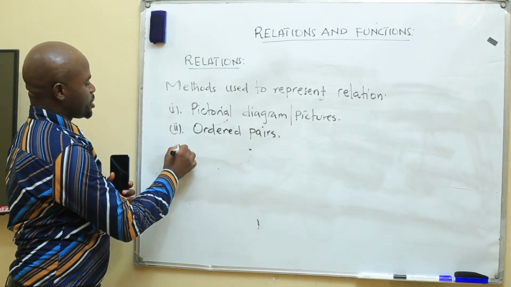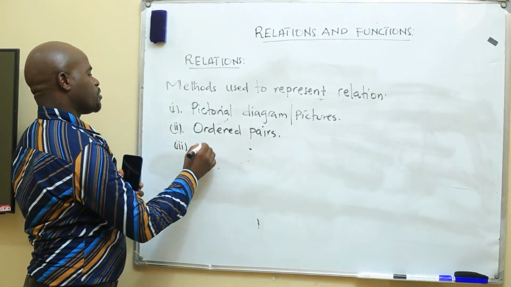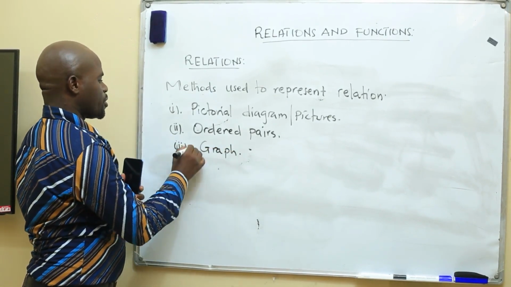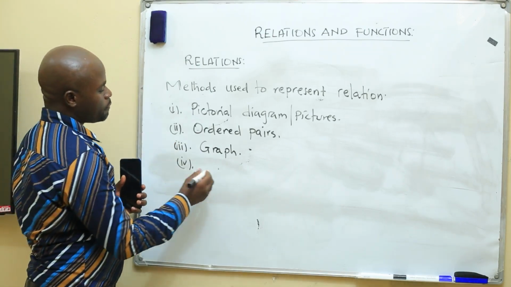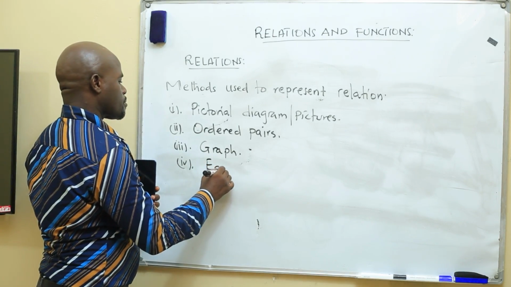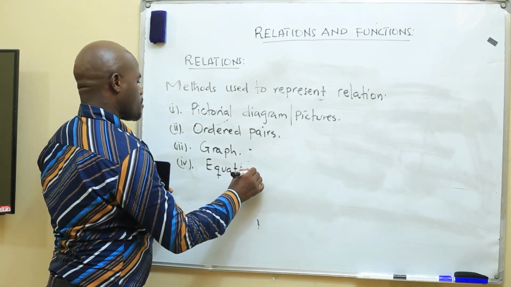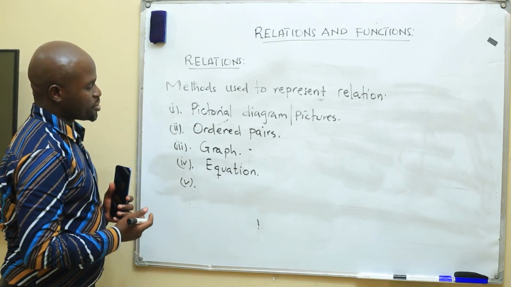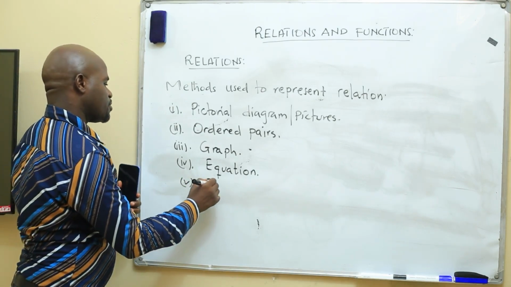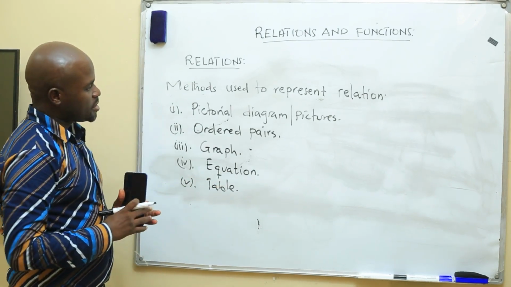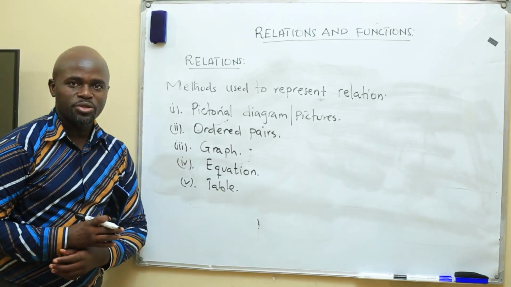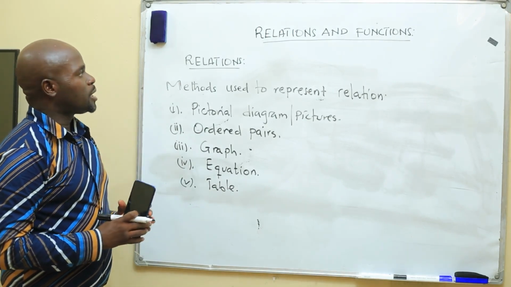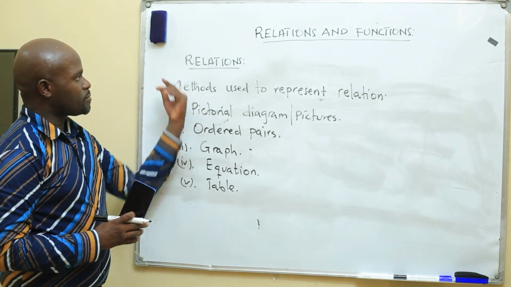We can represent a relation in terms of a graph, or in terms of an equation, but also we can represent the same relation in terms of a table. So these are methods which are normally used to present the same relation.